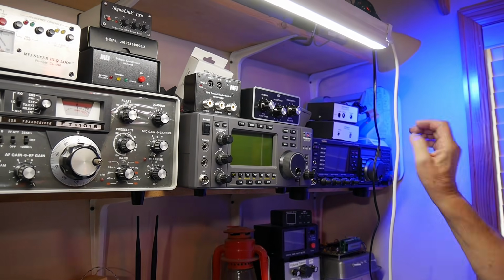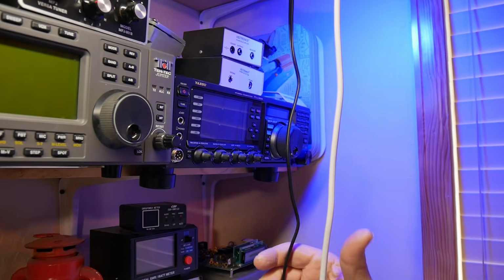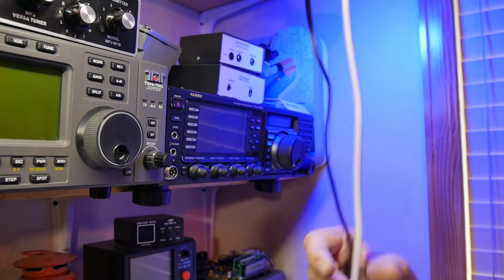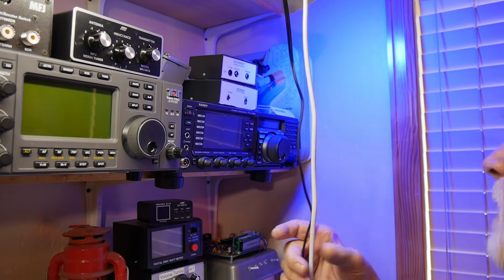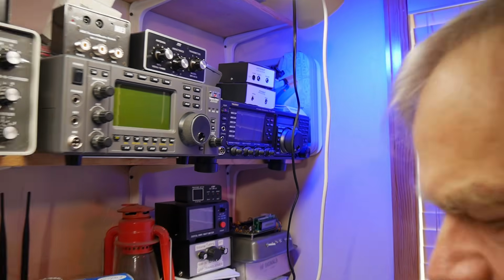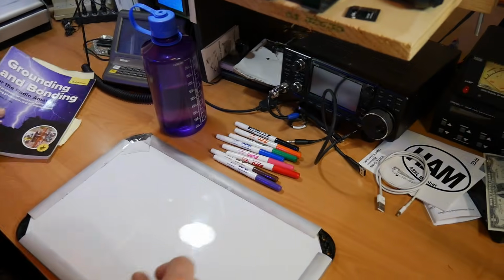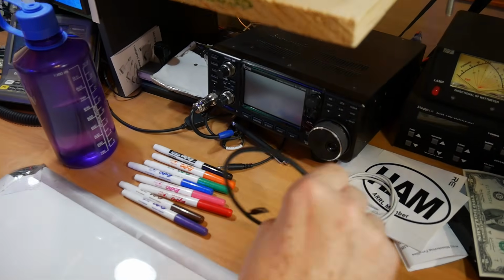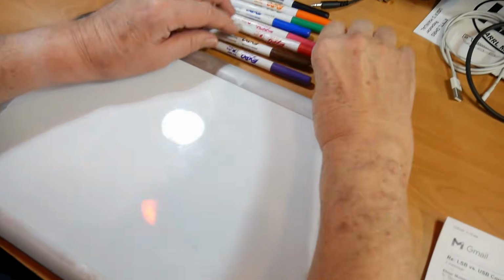Okay, this radio right here, which is more 2015-ish, so 10 years old, this also will do the upper and lower sideband automatically, as all the modern radios do, including the ICOM 7300, which will do upper and lower sideband automatically. Well, let's take a look at single sideband just a little bit.